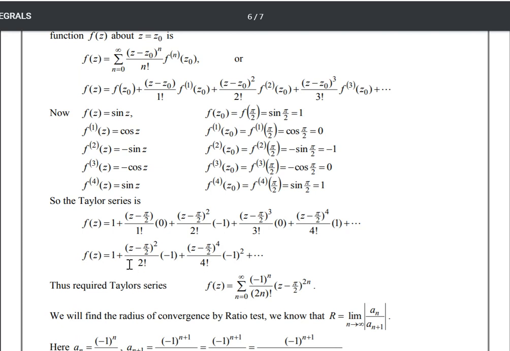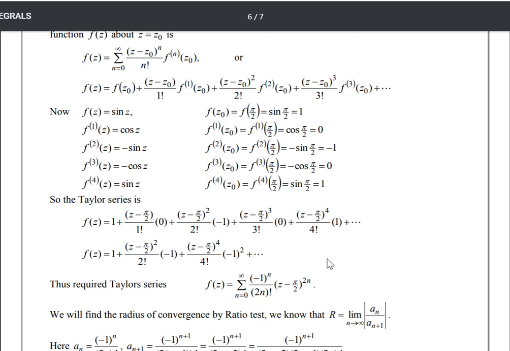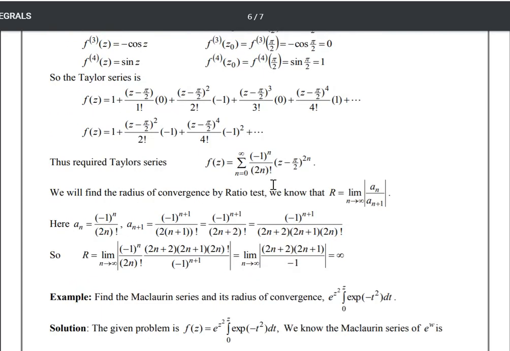We can write minus 1 power n, z minus z naught power 2n, that is 2, 4, 6, and the denominator is 0 factorial, 2 factorial, 4 factorial, that is 2n factorial. This is the general form of this series, the required Taylor series.